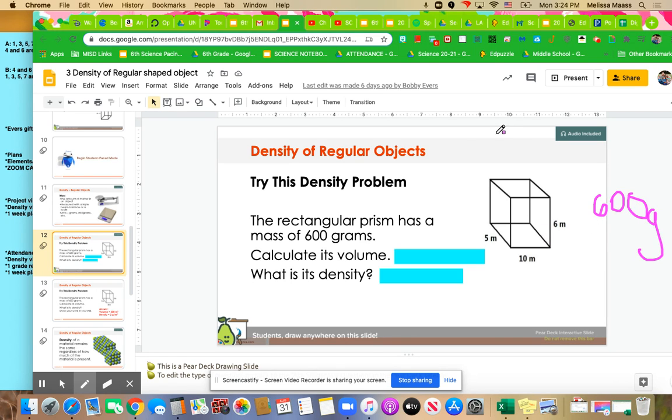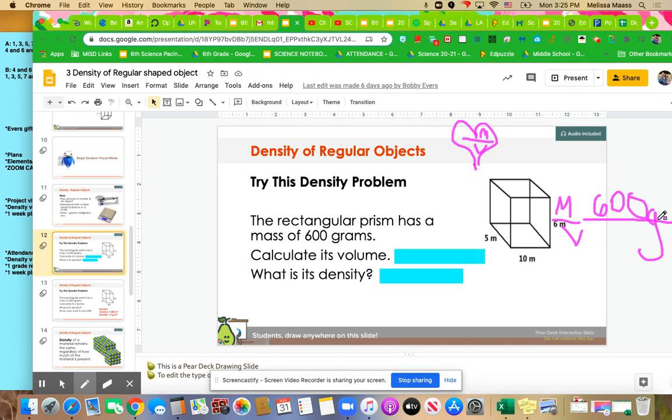I always recommend that for the I-Hart density formula, your mass will be on top, so that's the M, over your volume. Volume will be on the bottom. So if I'm setting up the problem, it's mass over volume, and I just found out that the prism has a mass of 600 grams.